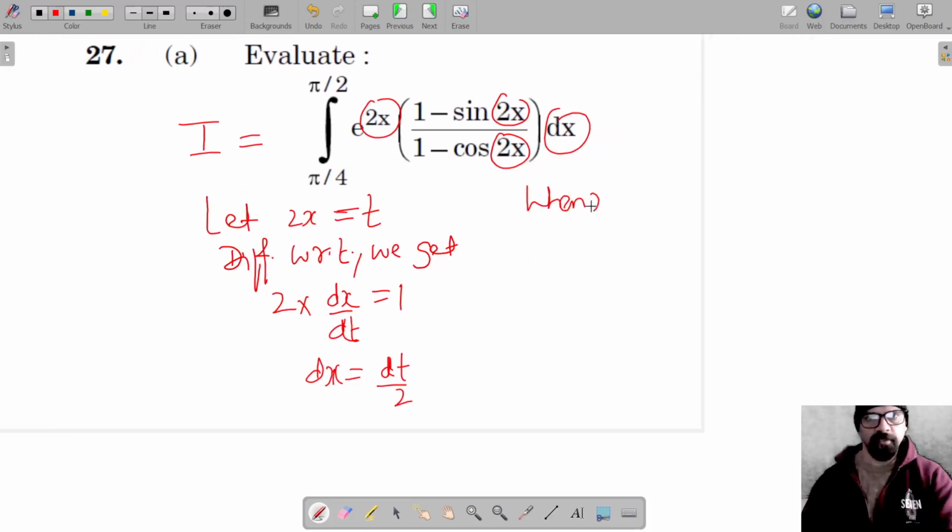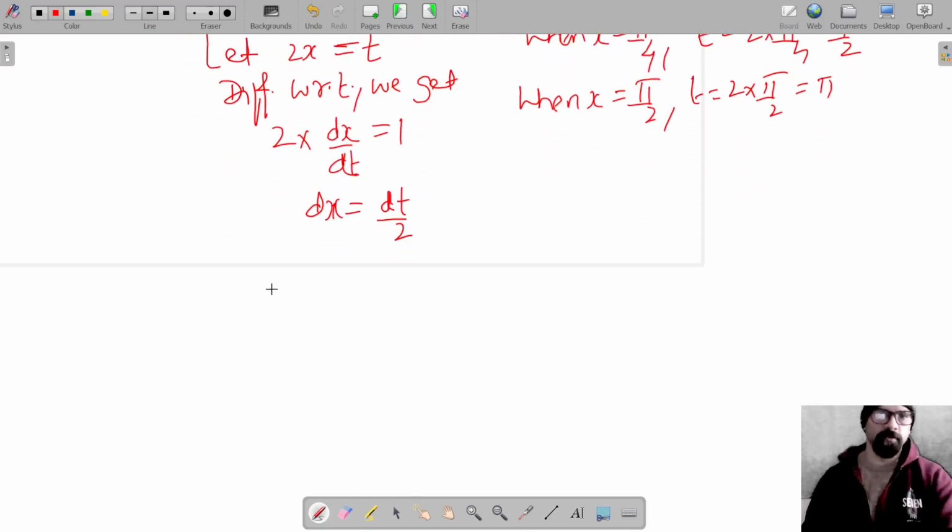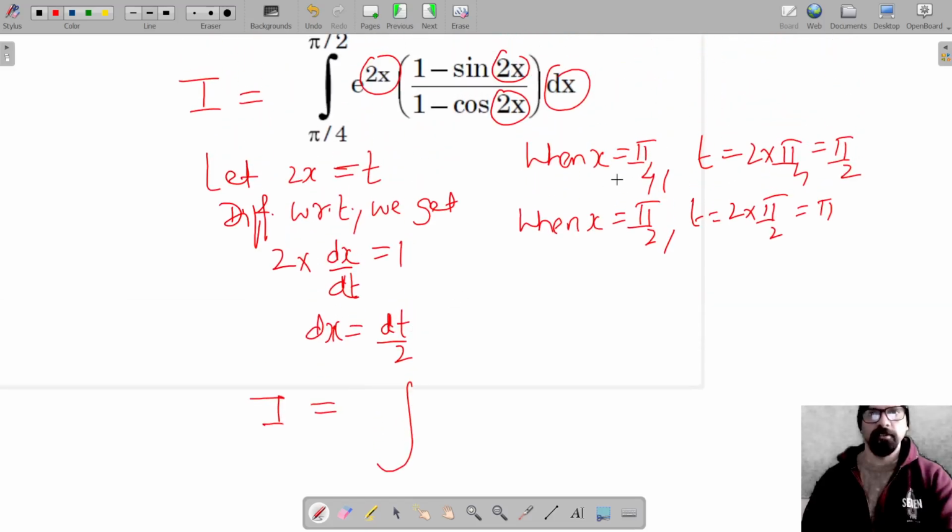When x is equal to pi by 4, t is equal to 2 into pi by 4, which is equal to pi by 2. And when x is equal to pi by 2, t is equal to 2 into pi by 2, which is pi.